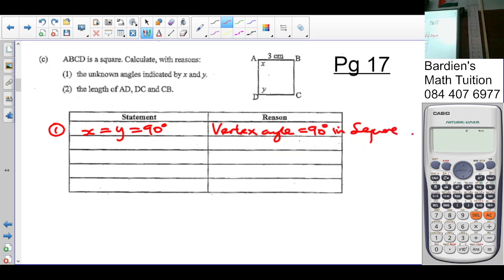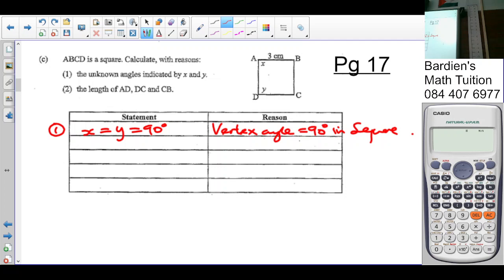You can write SQ to show it is a square. So you can say x equals 90, vertex angle equal to 90 in a square. Then you can say y is equal to 90, vertex angle equal to 90 in a square. Because it's the same angle and the same reason, I write it once.